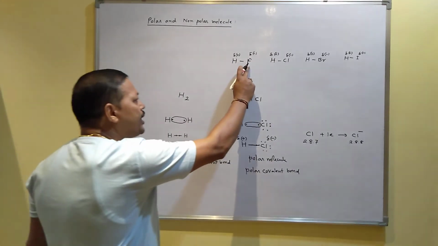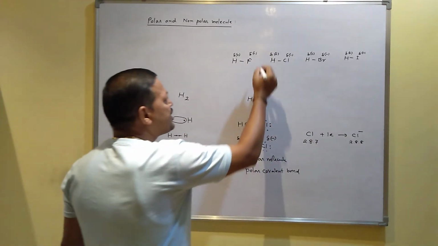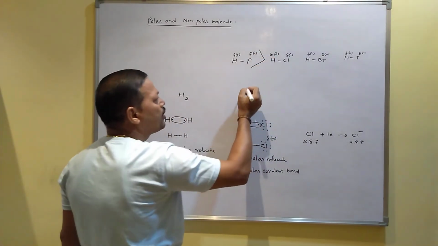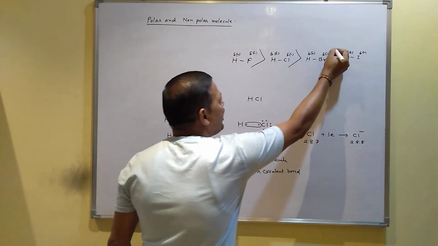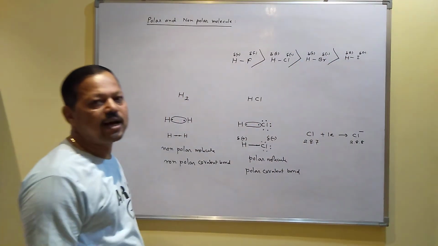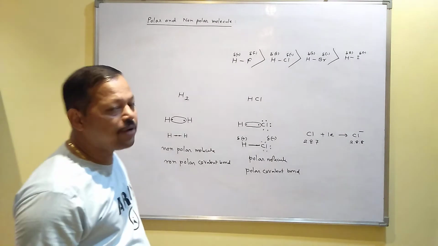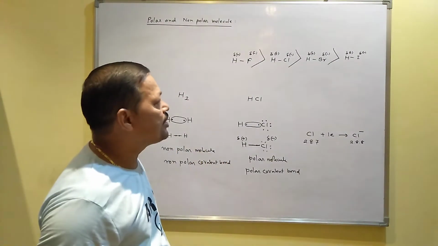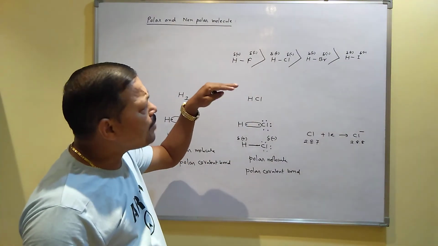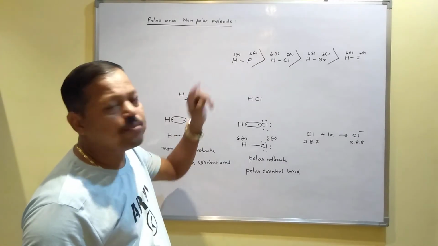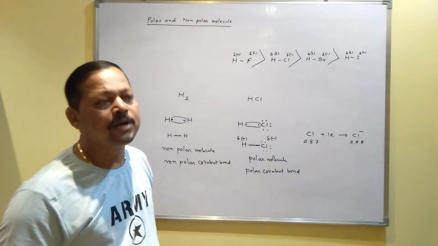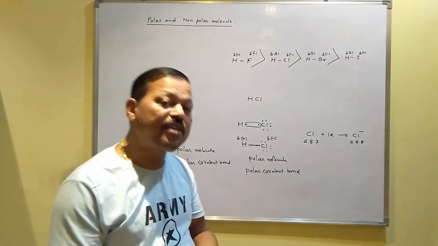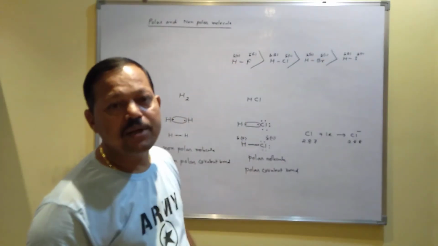So due to its more electronegative nature, HF will be more polar than HCl, than HBr, than HI. So if you want to find the order of polarity, you have to find it from the electronegativity difference. If the electronegativity difference is more, polarity will be more.